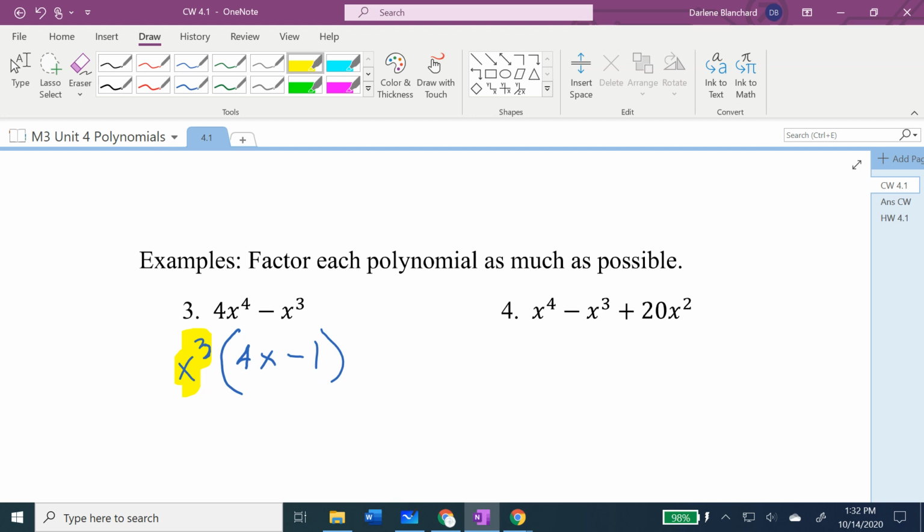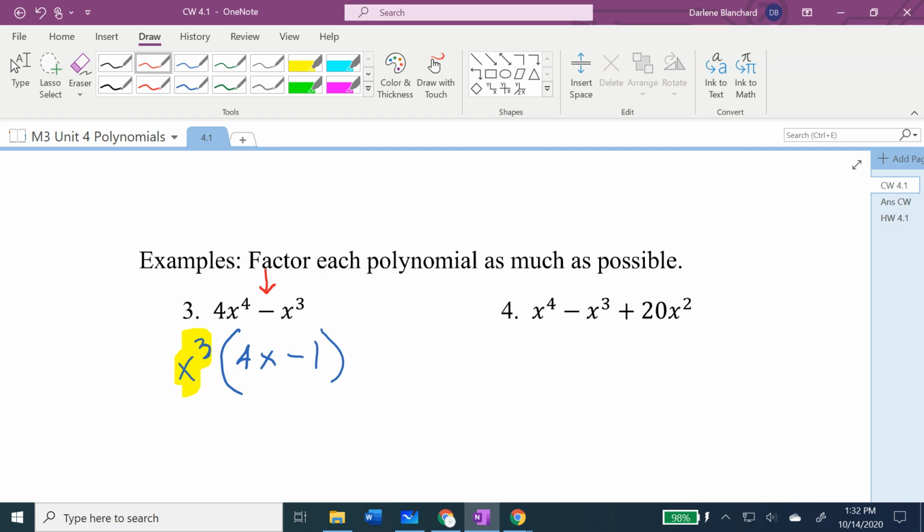For number 4, if you were left with just 4x to the fifth power, then you actually only have one term to begin with. Because the factoring that we're doing here is over an addition or a subtraction sign, dividing each of those terms by something, so you're left with an addition subtraction sign.